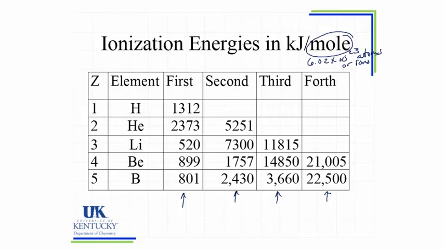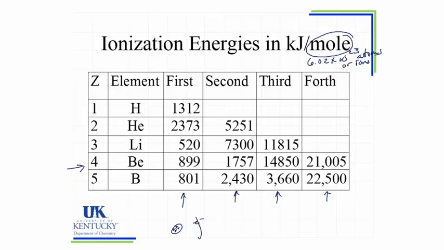Now we can kind of tell how many electrons are in a valence shell of an atom by looking at the trend. Let's choose, for example, this one here. Let's see what's happening to our ionization energy. So we start off with 4 protons, okay? And we know we have those 4 protons in the nucleus.